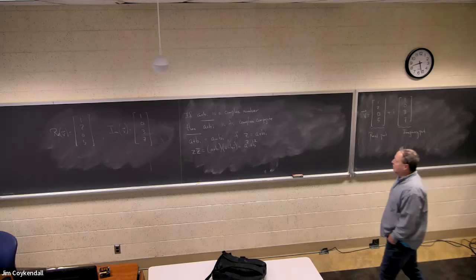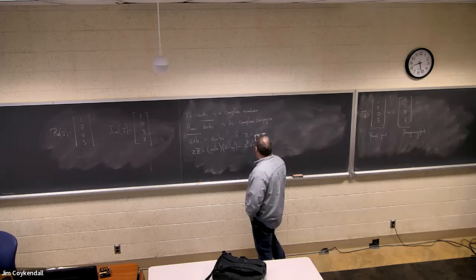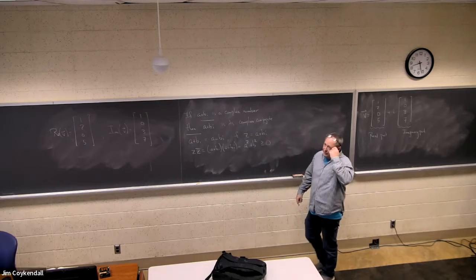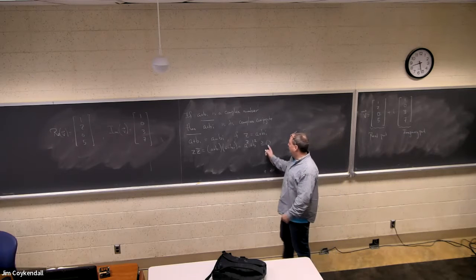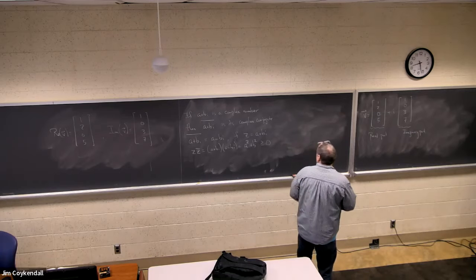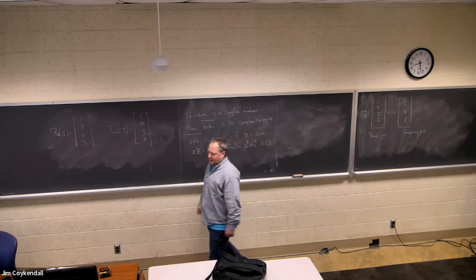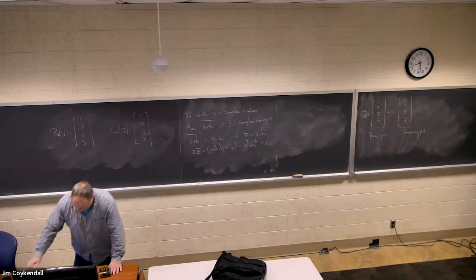And not only do you get a real number, you get a number that's greater than or equal to 0. In fact, the only way that this is 0 is if both a and b are 0. That's actually going to be important when we talk about the inner product soon.